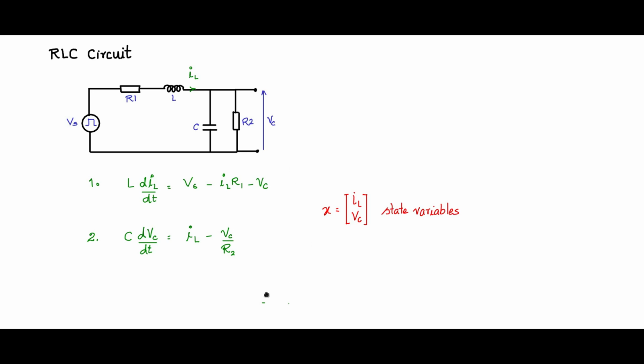Using these equations, we should now be able to simulate this representative RLC circuit in equation form using the Octave simulation package that we just installed. So let us try doing that.